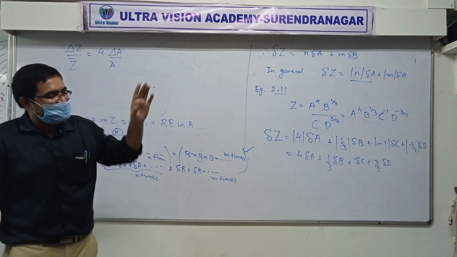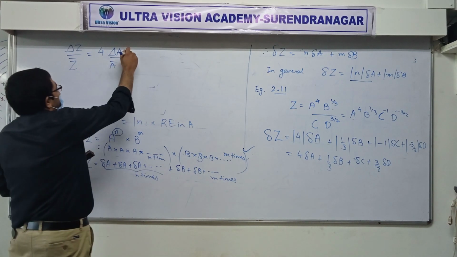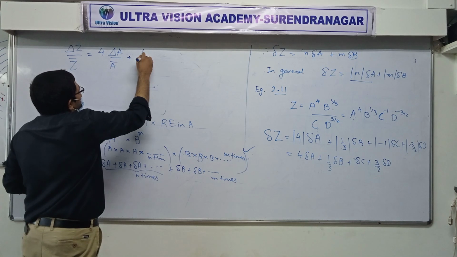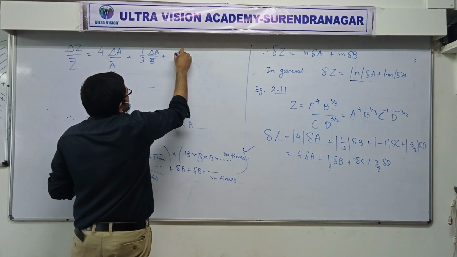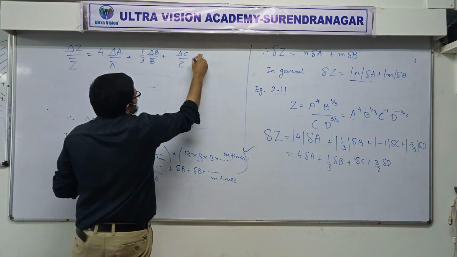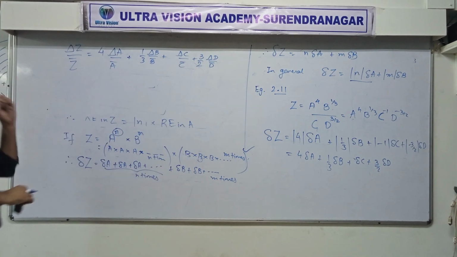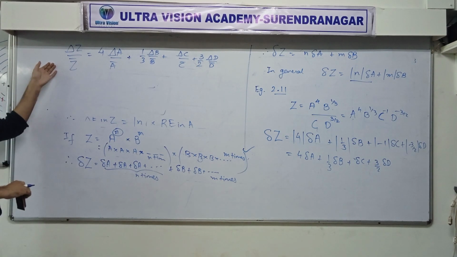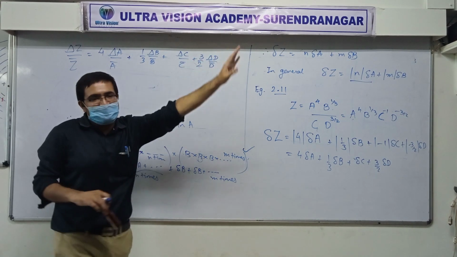If you're not happy, you can write one step between this and this on your own. You will understand what we have done. So this is your final answer. This is the relative error in Z, 4 delta A by A bar, 1 by 3 delta B by B bar, and so on. So clear?